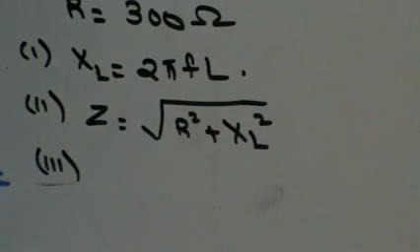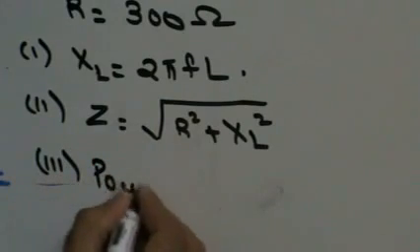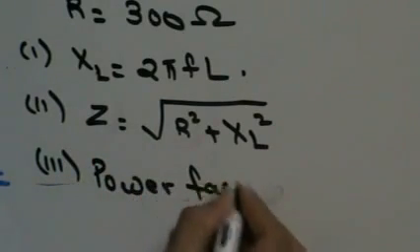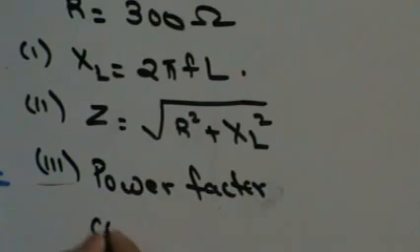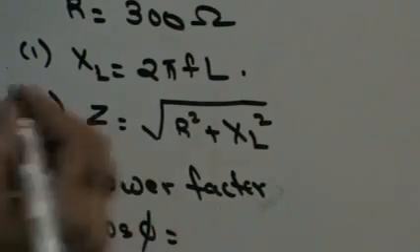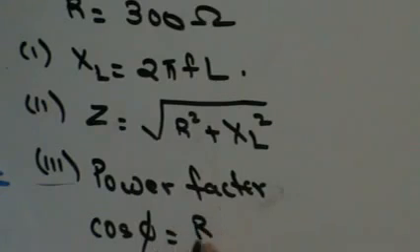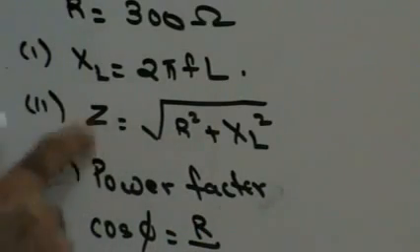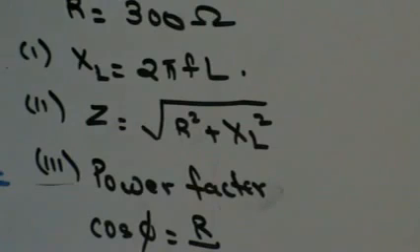Next, they have asked you to find out the power factor. Power factor is cos phi. Cos phi is nothing but R by Z. That's called my power factor. I know resistance given, impedance I have found out, so I should be able to get the power factor.